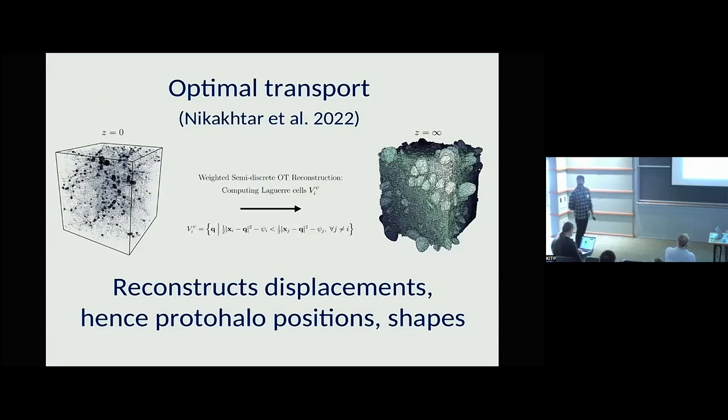initially. And this is the rule, the mathematics, the thing that you're minimizing to define your Laguerre cell. The case in which these are 0 is the Voronoi tessellation. These are the actual amounts by which the cells have moved.